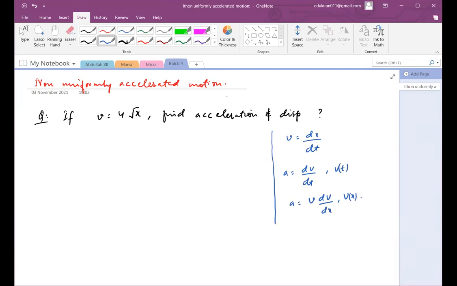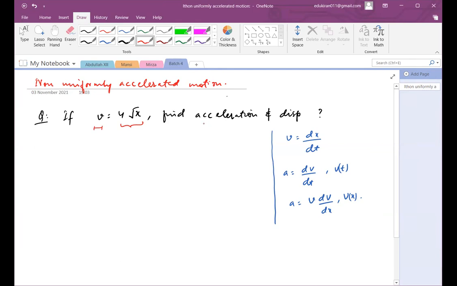These are some formulas related to this instantaneous part. Let me give you some hint. In this expression, we have velocity as an x-dependent function.